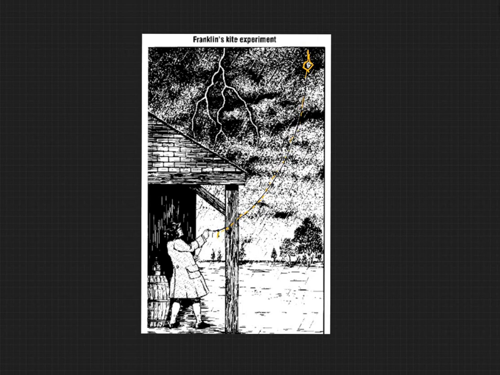And here was a key, and as he touched this key, he realized that he was getting a small shock. So he realized the fluid was passing through, but he didn't know if that fluid was the same as the fluid produced by rubbing.